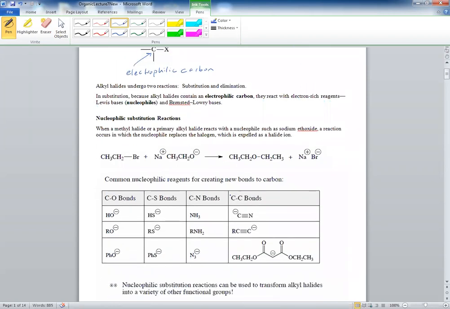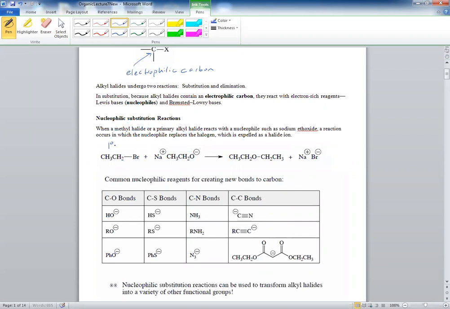When we talk about nucleophilic substitution reactions, they usually have this general form. For example, if you have a methyl halide, that's just a methyl with a halogen attached to it, or a primary alkyl halide, like the one you see right here.